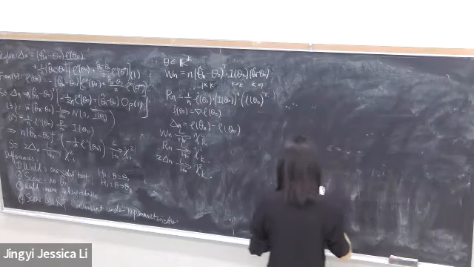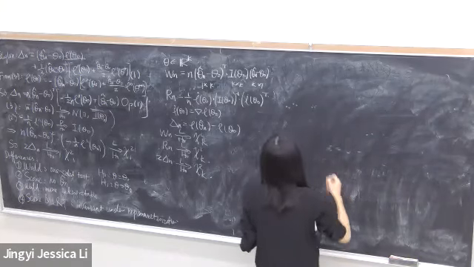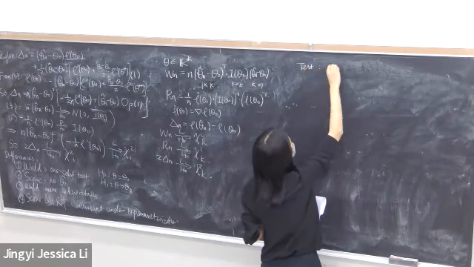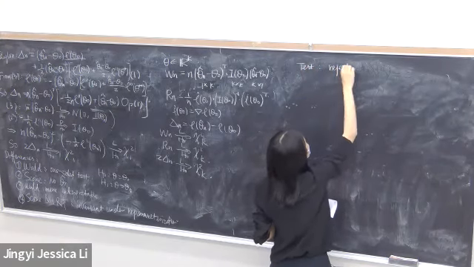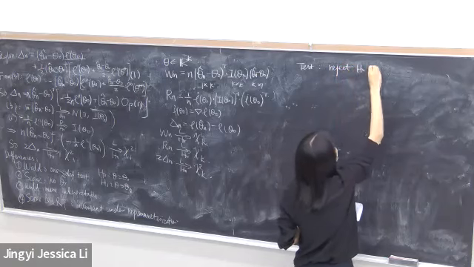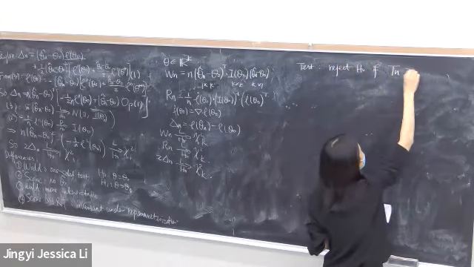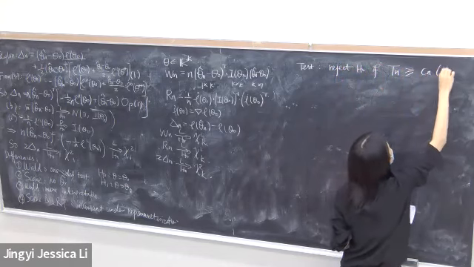First of all, let's say the test is to reject the null if the test statistic T_n is greater or equal to some constant C_n.